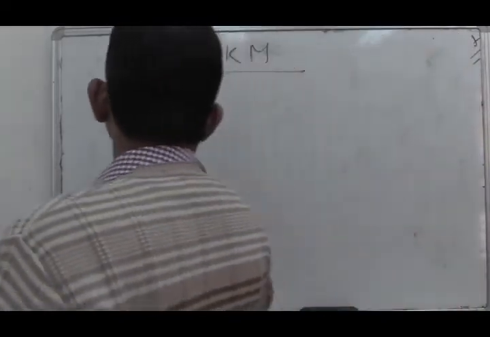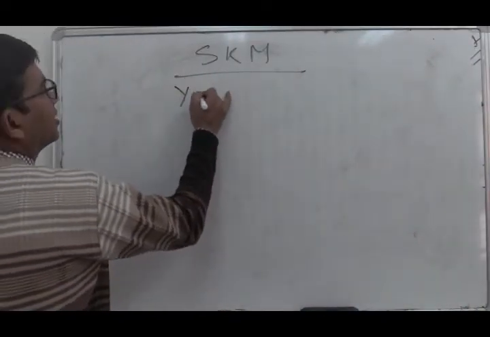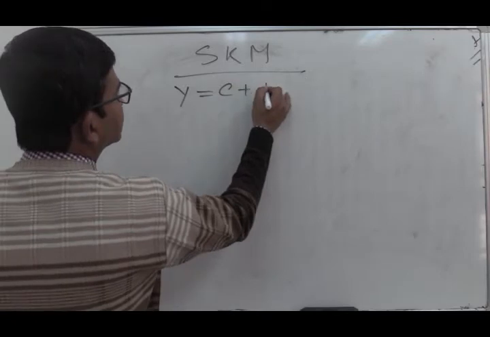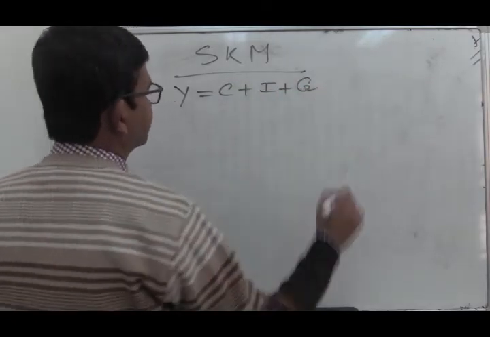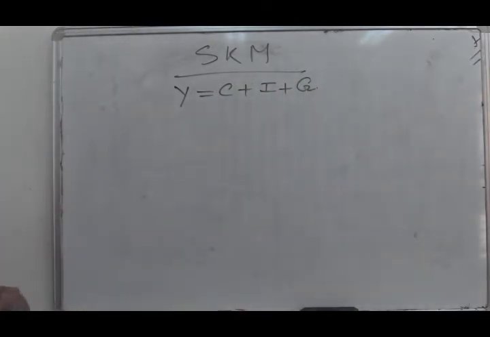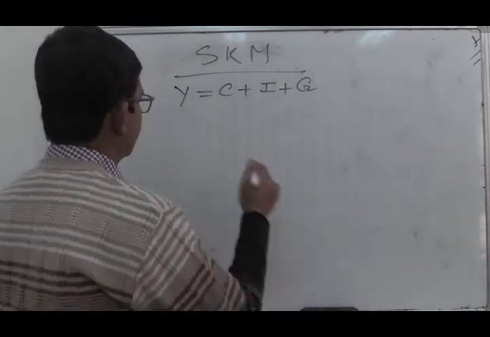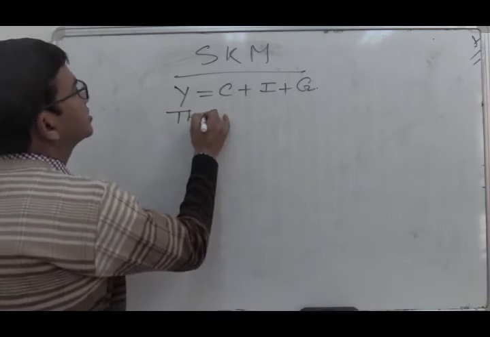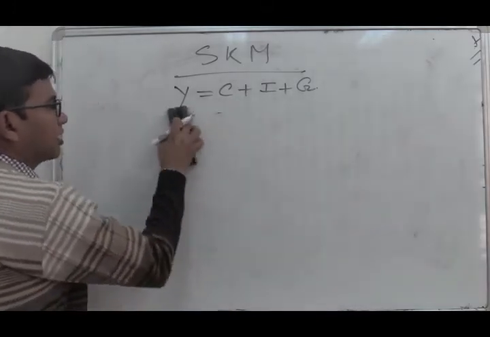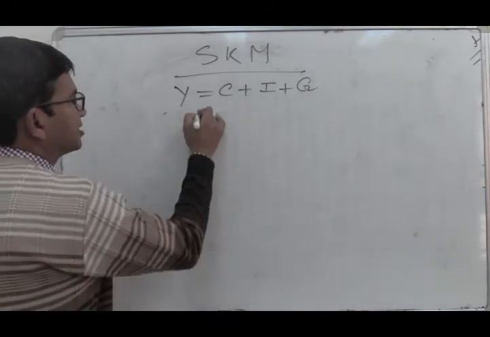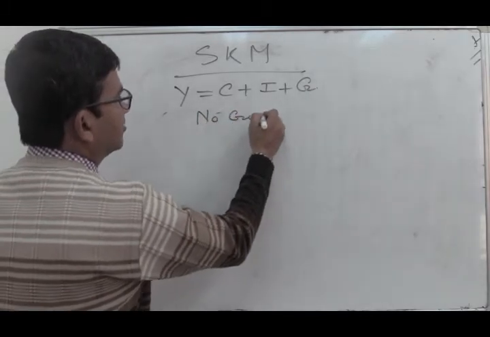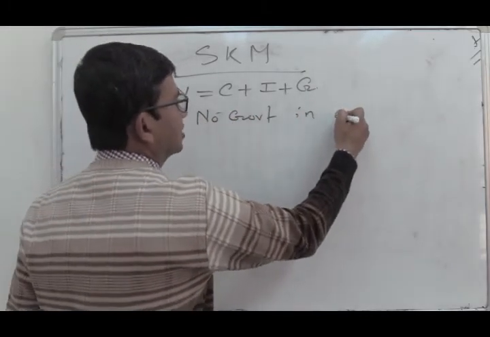We've already got the national income as Y equals C plus I plus G. For the time being, we will consider that there is no government intervention in the economy.